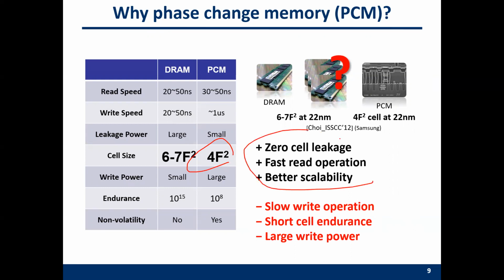So this is good news. The bad news is that the write latency is super long compared to DRAM. And you also need to take care of the endurance. After a certain number of writes, the cell will be broken. And the write power is larger than the DRAM.